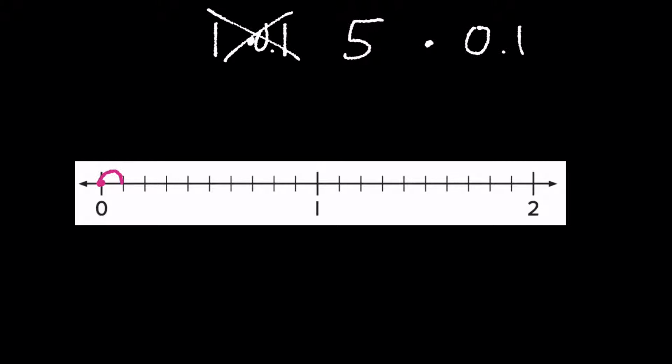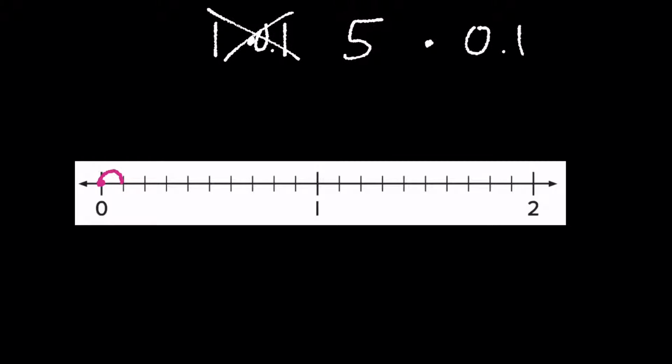On the number line, starting at 0, we would make one jump for 1/10, and now we have one group of 1/10. But our problem wasn't 1 times 1/10, it was 5 times 1/10, and I keep messing that up, hold on. 5 times 1/10.